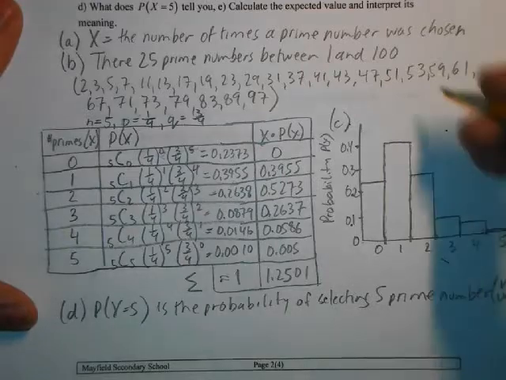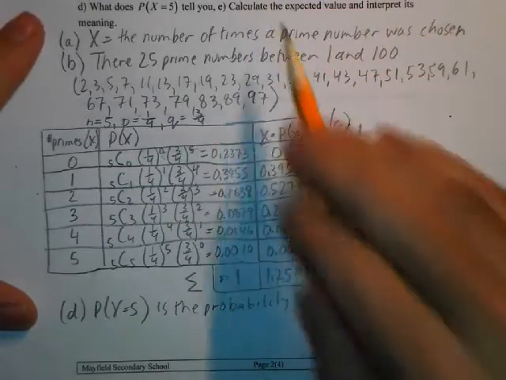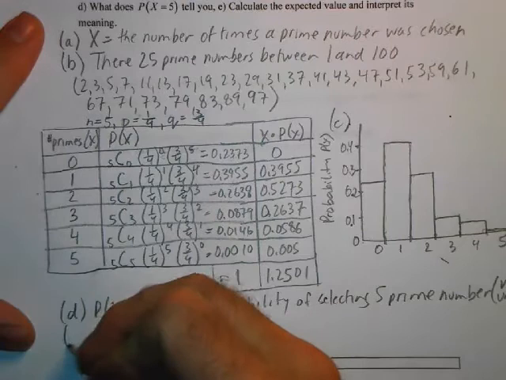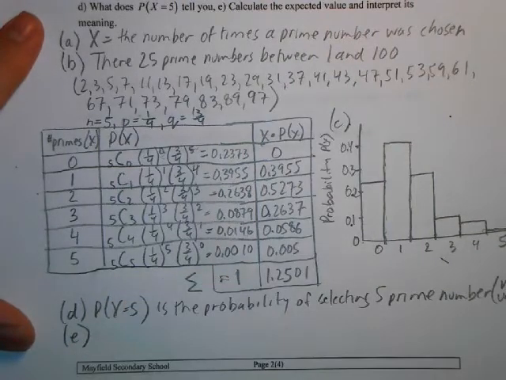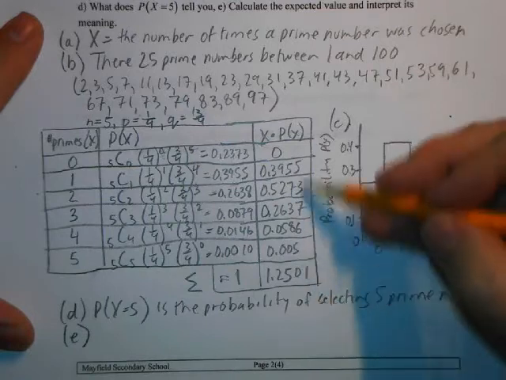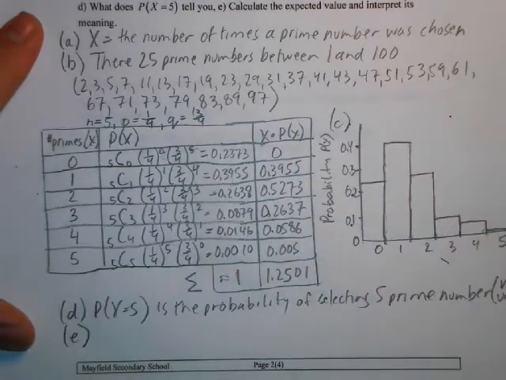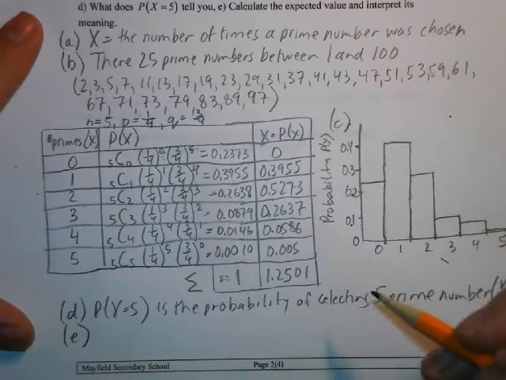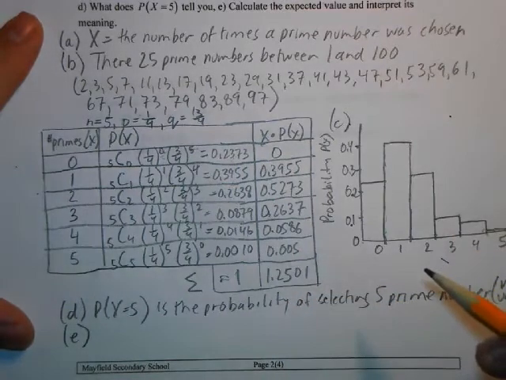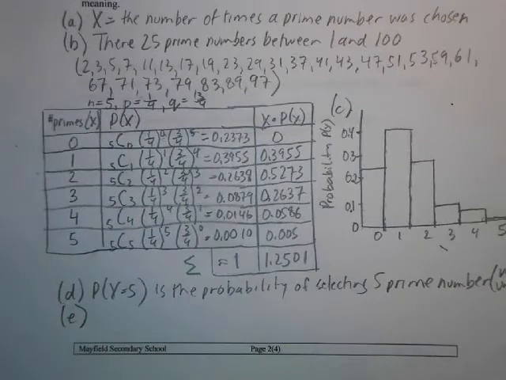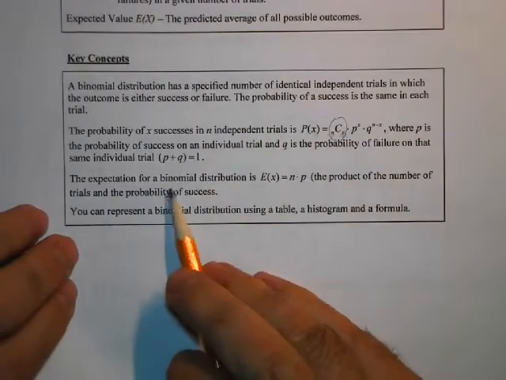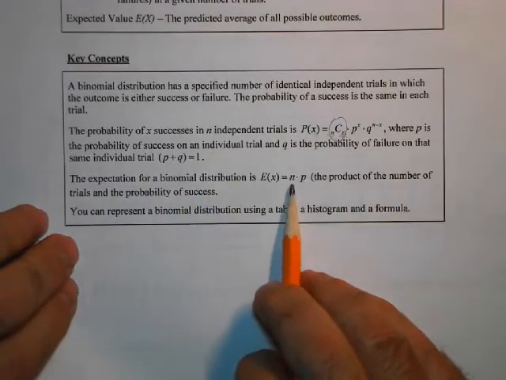Okay, and then E, calculate the expected value and interpret its meaning. So we did it the same way. We did this extra column, x times p of x, and we got 1.2501. But I'm going to share a little secret with you. There's actually a formula for the binomial distribution to get its expected value, and it's a very nice, simple formula.